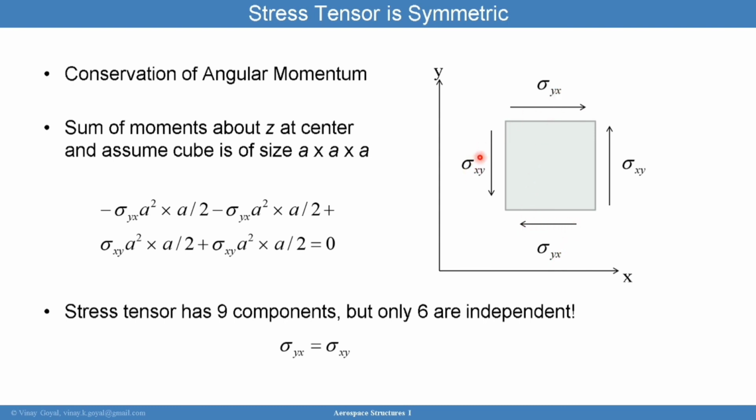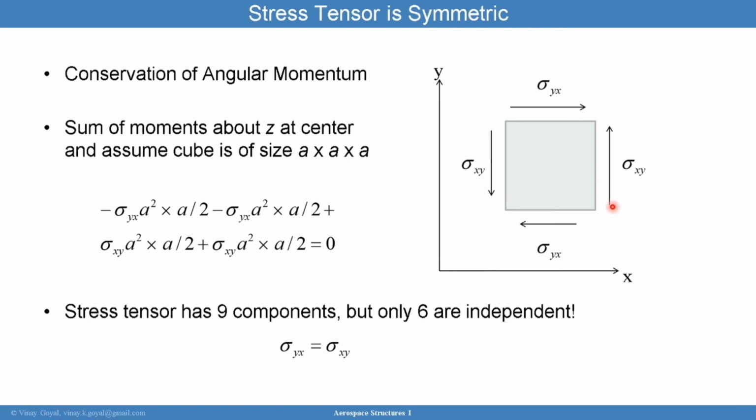We don't know if sigma xy and sigma yx are equal, but we can see if that is the case by summing moments about the center. If I have a cube, where this length is a and the depth is a, then the force contribution due to this stress is sigma yx times the area, which is a squared. And so I've converted all these stress quantities into forces, and I have done a simple summation of moments about the center.